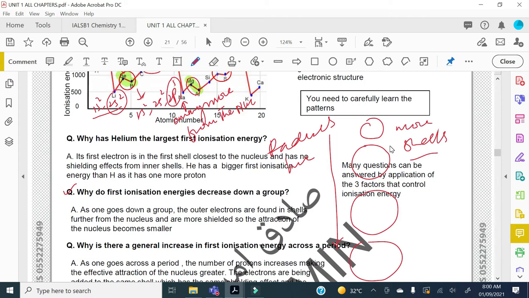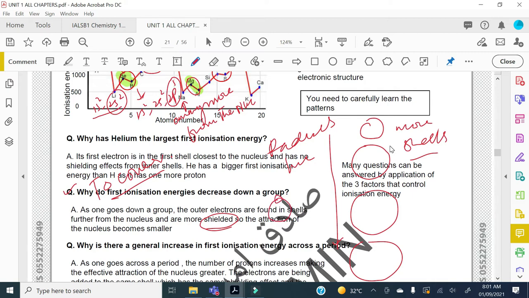So what is the shielding effect here? What do we know about it? See, shielding means to cover something. When we are working on the shielding effect, we need to understand that shell number 1 is there, with the electrons living in shell number 1.